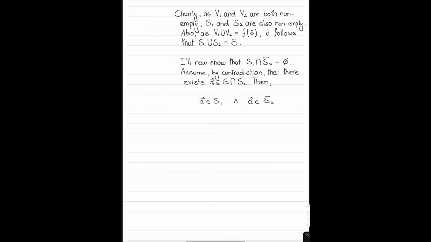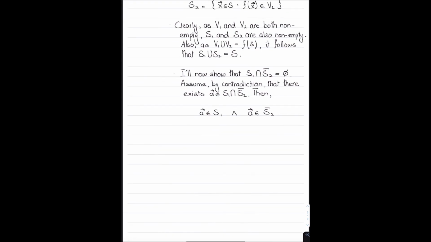So A is in S1, and we know that A is also in the closure of S2. Then the first thing I'm going to do is say that A in S1 implies that f of A is in V1.